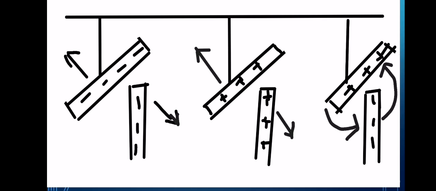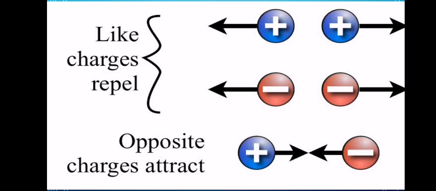Now, one positively charged glass rod and one negatively charged ebonite rod, when brought near each other, attract each other. So from this experiment, it has been concluded that like charges repel each other, while unlike or opposite charges attract each other.